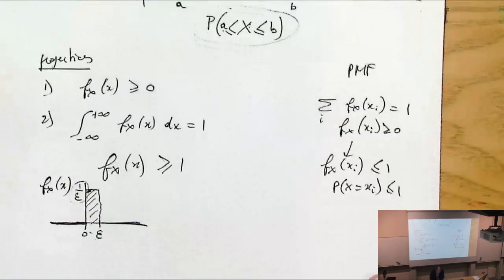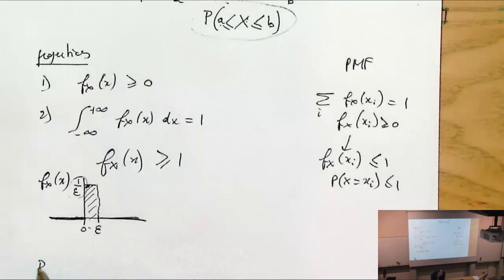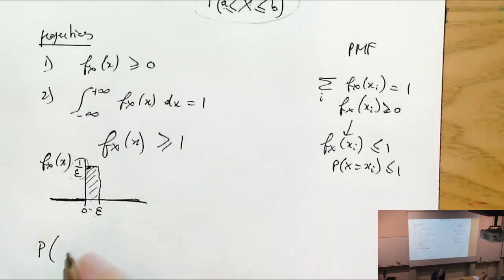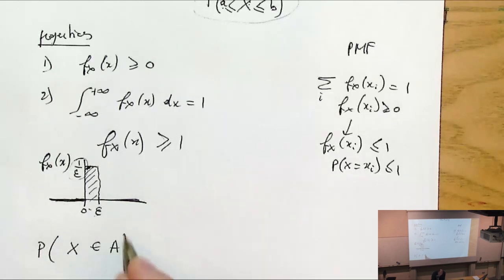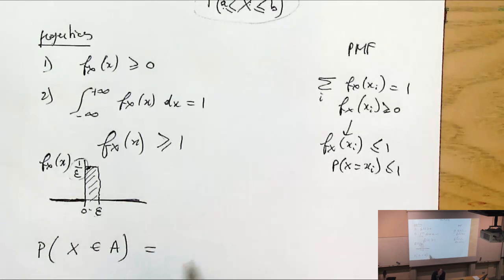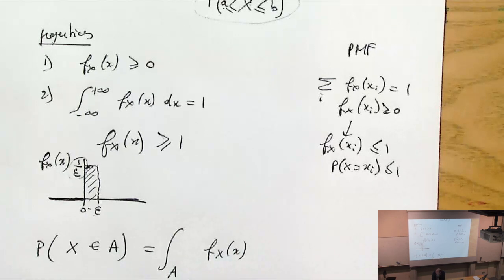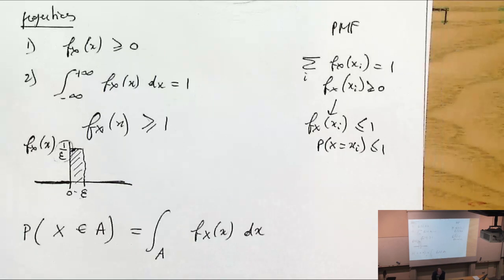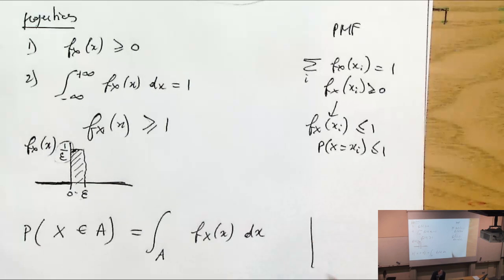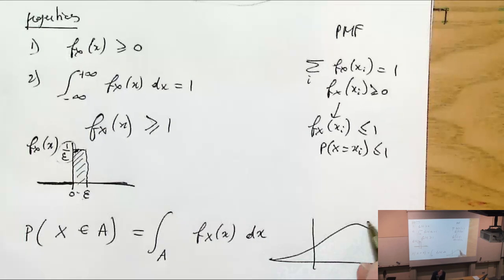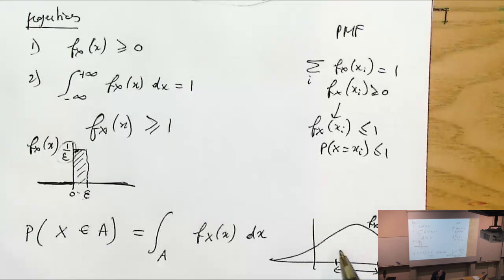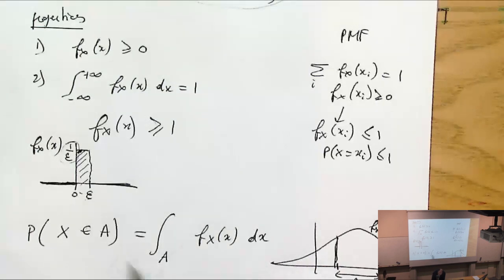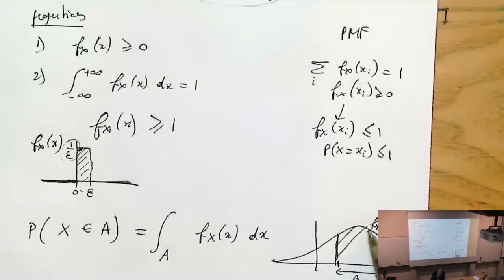Good. So in general, the probability that a certain random variable belongs to a certain domain A is essentially the integral of this probability density function over that domain A. If I have a PDF here, and a certain interval A, the probability of this occurring is this area.